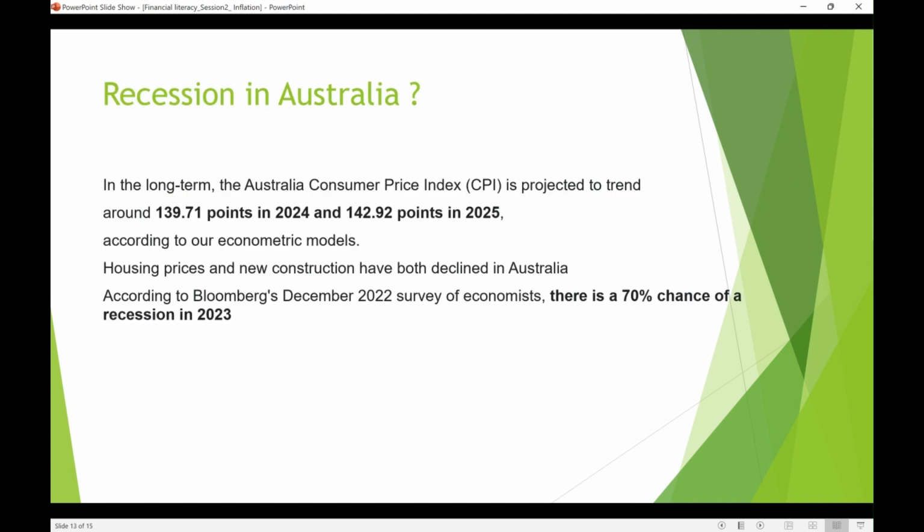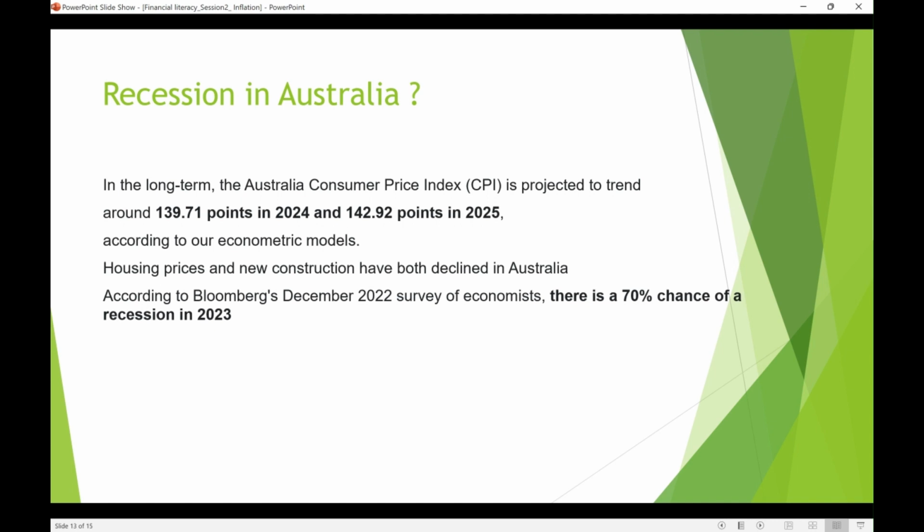Let's see the current and the future. These CPI points are going to increase from 139 to 171, and in 2025 they are expecting 142.92 points, which means inflation is going up, maybe to 10%. But as per the index, which has nothing to do with the points, inflation might go down, depending on the economic policies.